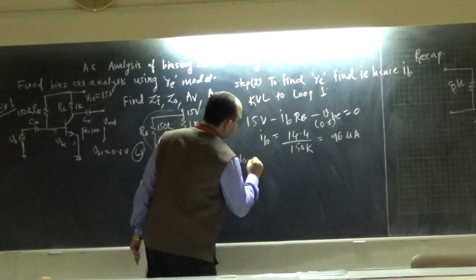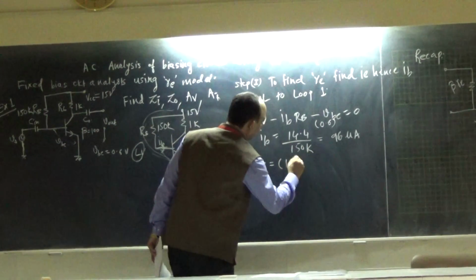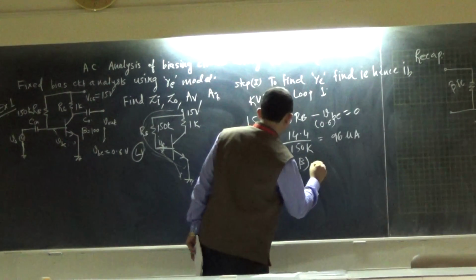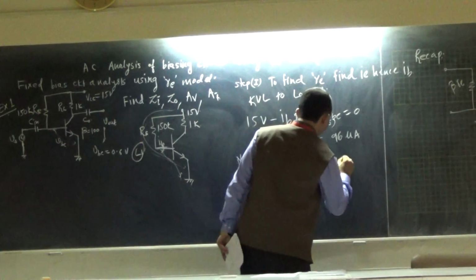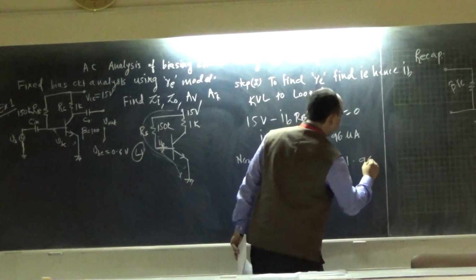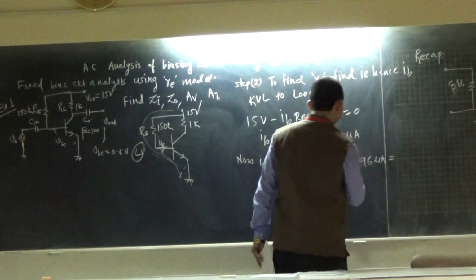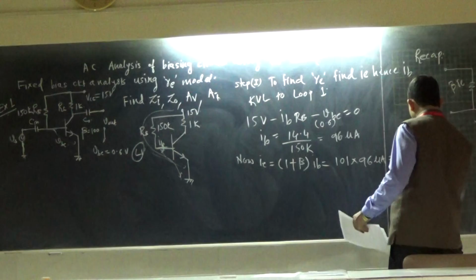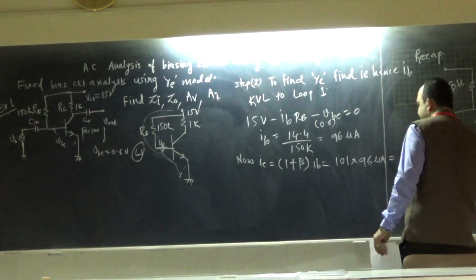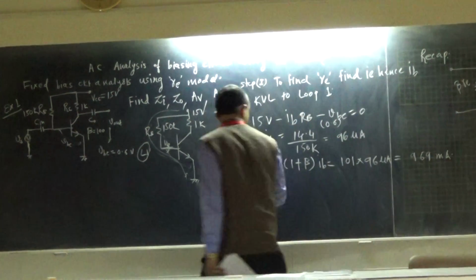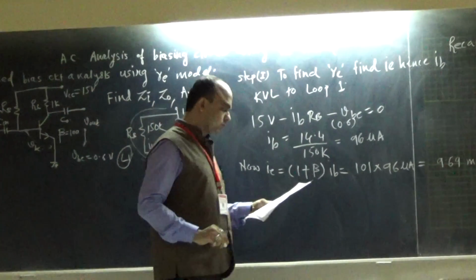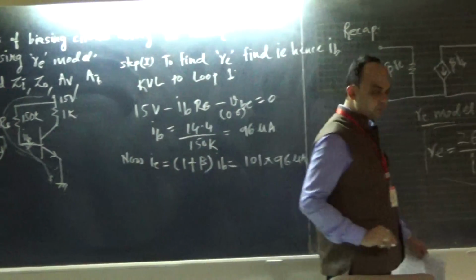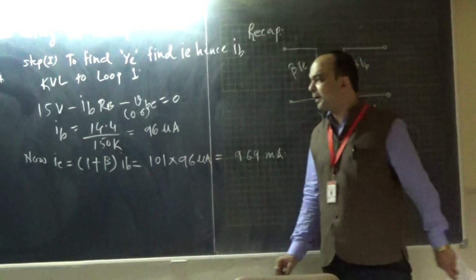Now IE is equal to 1 plus beta times IB. So it is 101 times 96 microamperes. So it comes out to be 9.69 milliamperes. Is there any doubt? Now what must be the next step?